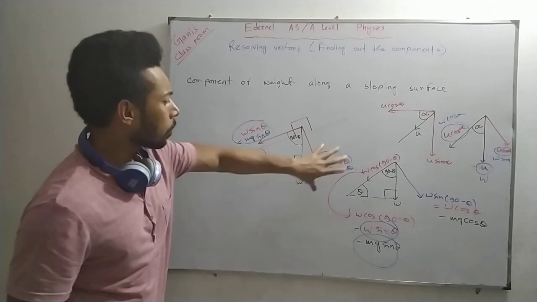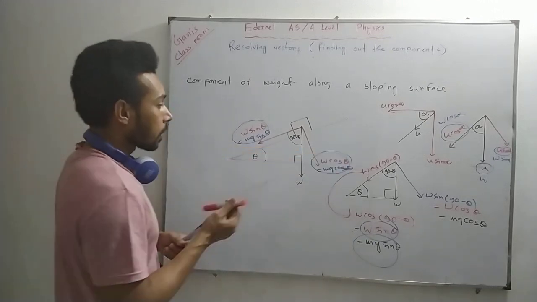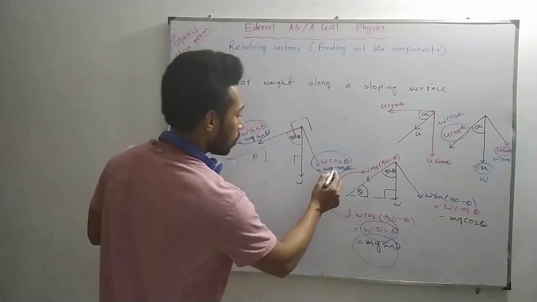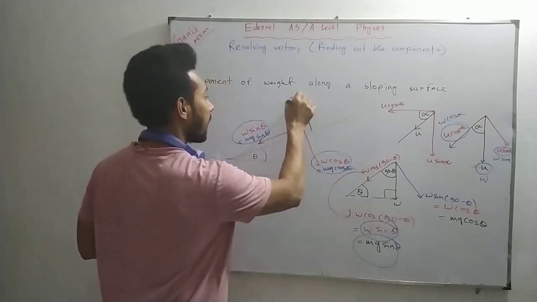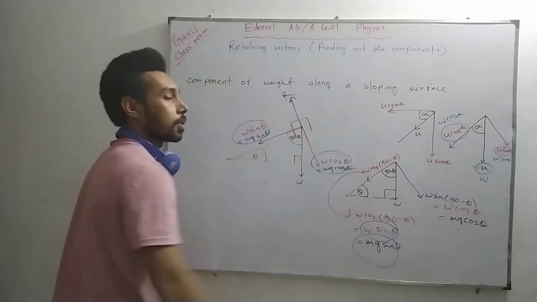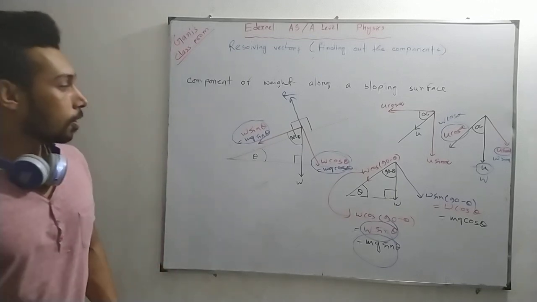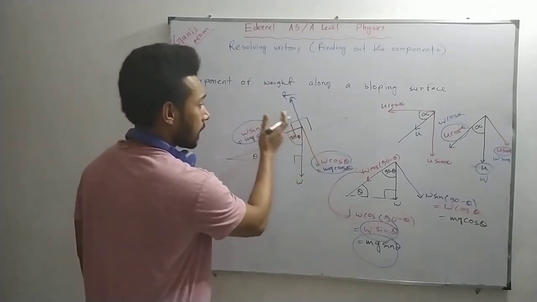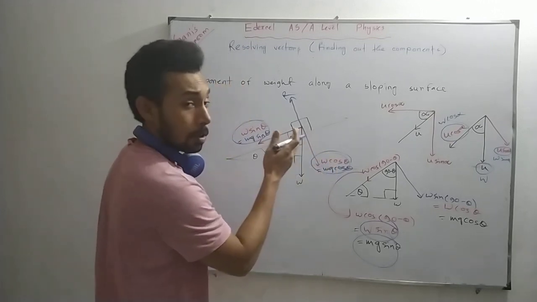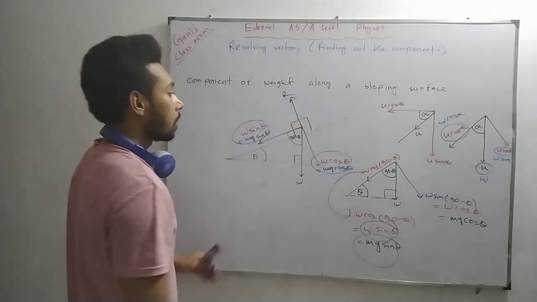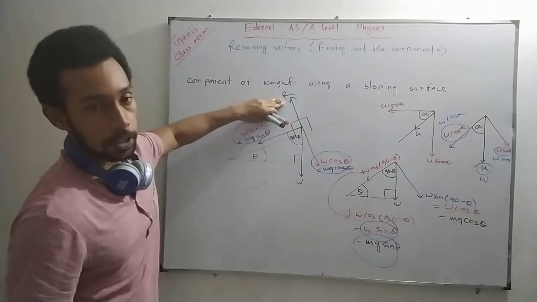And what about this component? This component W cos theta or mg cos theta, which is perpendicular to the slope, is balanced by the normal reaction force.